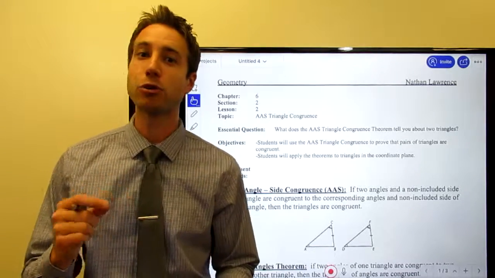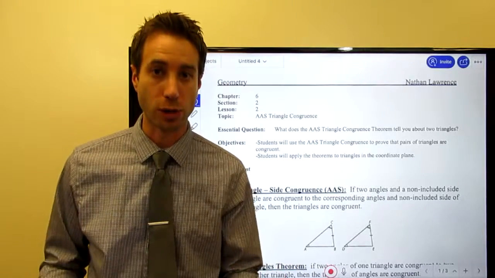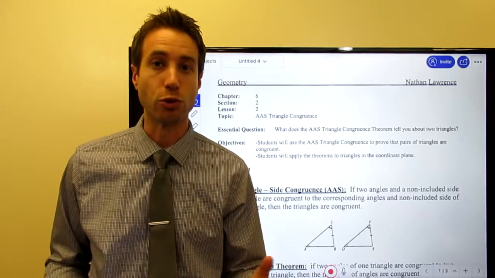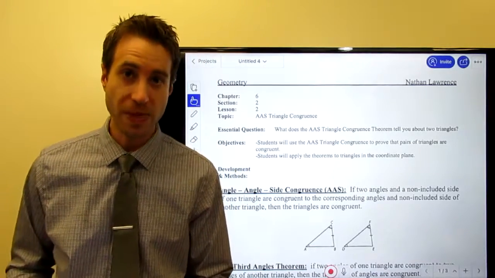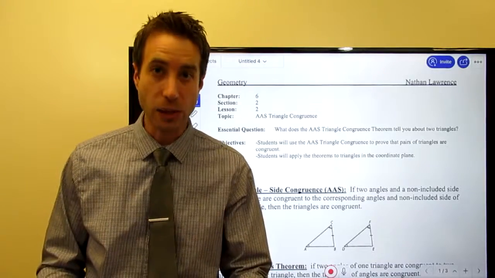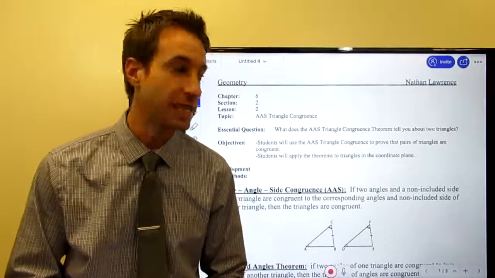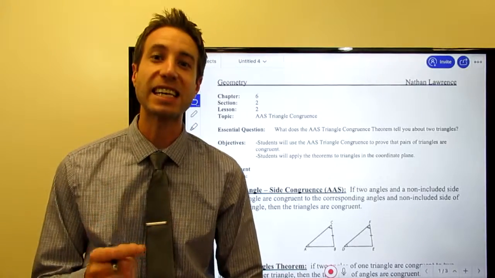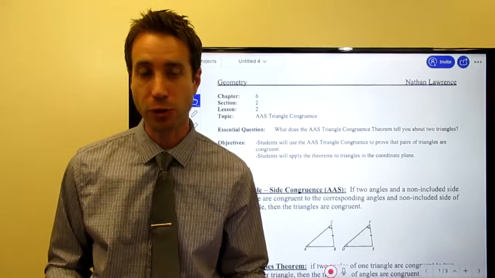You have to be able to show that all 3 pairs of corresponding sides of 2 triangles are congruent, and you also have to be able to show that all 3 pairs of corresponding angles of 2 triangles are congruent. What that means is you have to prove 6 things are congruent: 3 sides and 3 angles.